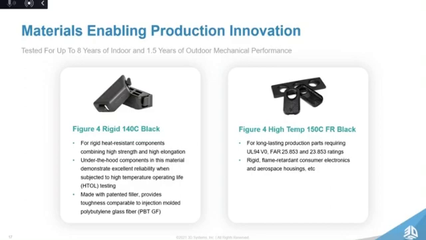So enabling parts to perform in a production environment means having a range of materials that are suited to everyday applications. Often a requirement of an engineering part is that it's resistant to many external forces, such as temperature extremes, which is very common within the automotive space.